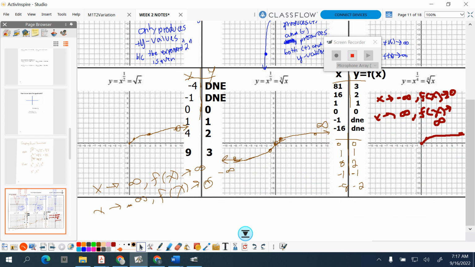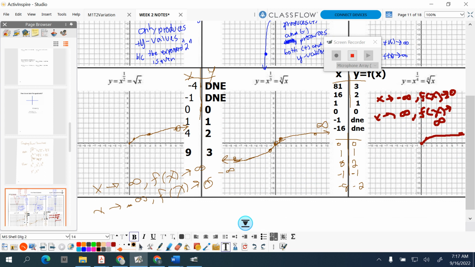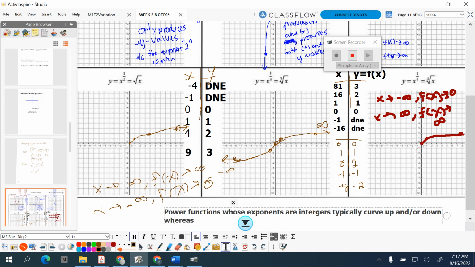So let's write a statement about that. Power functions whose exponents are integers typically curve up and or down, whereas our root functions curve left and or right.